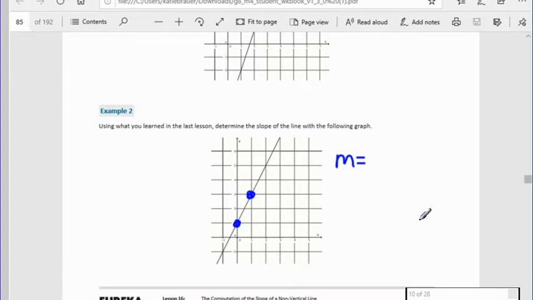Okay, someone tell me what you got. What's the top number? What's the bottom number? When you take 2 divided by 1, you do get a whole number, so the slope of this line is 2.